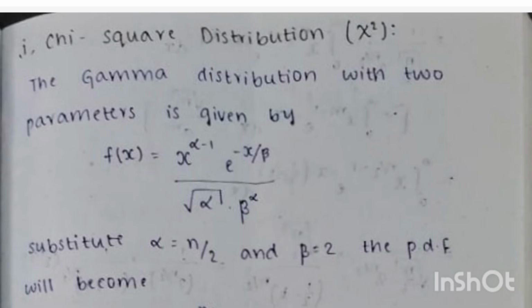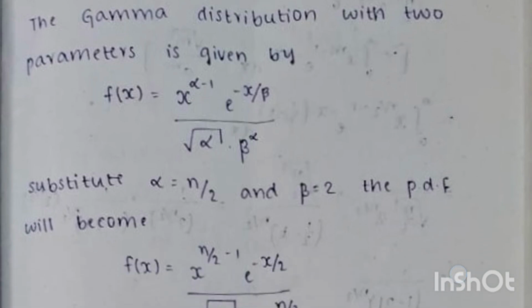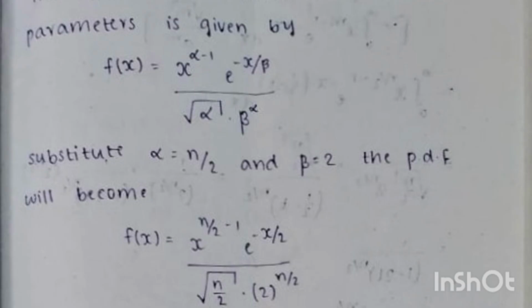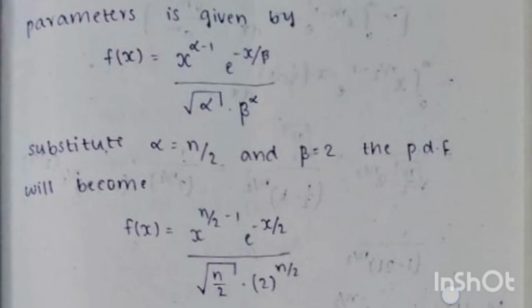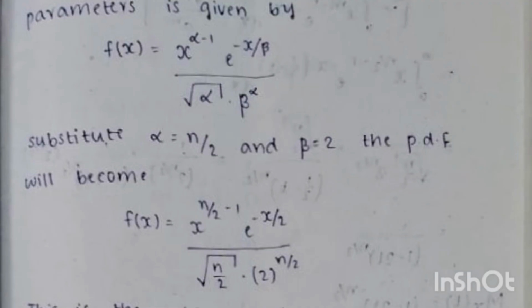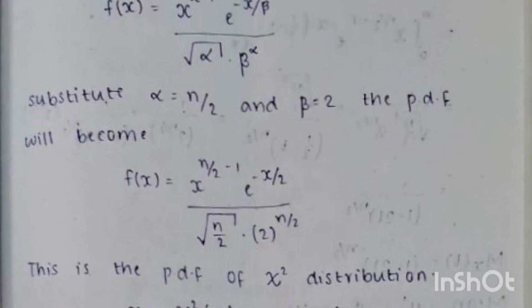In this gamma distribution, just replace alpha equals n by 2 and beta equals 2. The PDF becomes f of x equals x to the power of n by 2 minus 1 into e to the power of minus x by 2, divided by gamma of n by 2 into 2 to the power of n by 2.